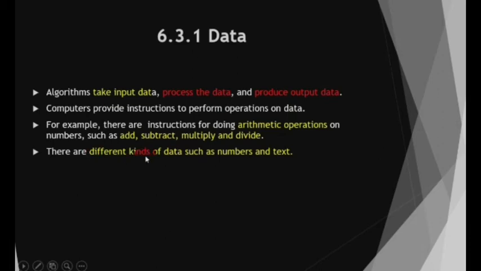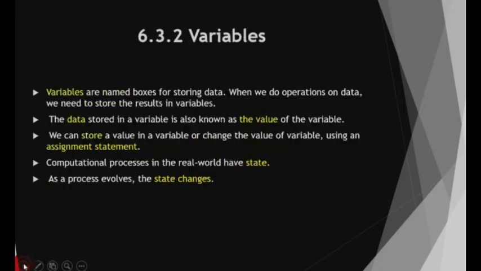There are different kinds of data such as numbers and text. In your computer you can give different kinds of input. Either we can pass numeric data as input or you can also give text data. Text, graphics, animation, sounds. We can give different kinds of input to computers.